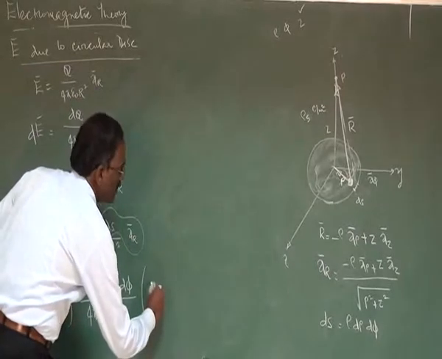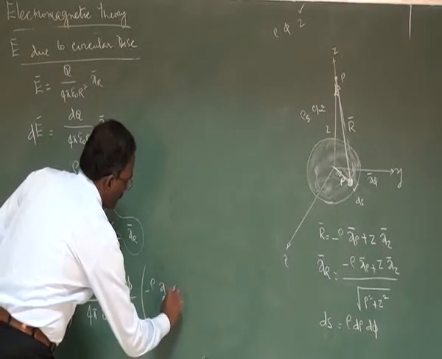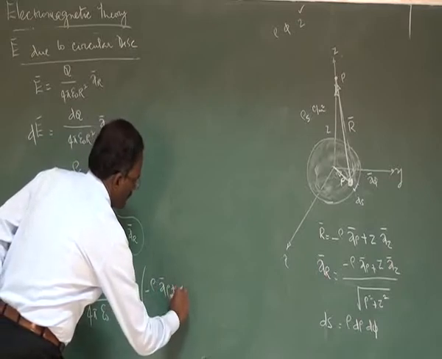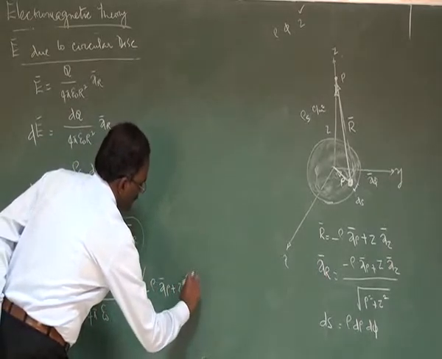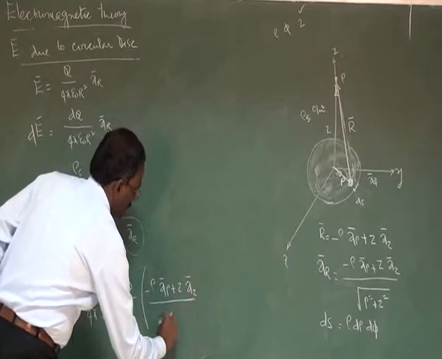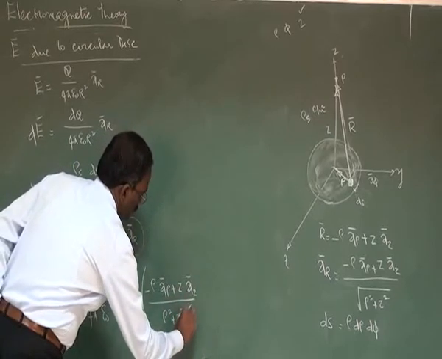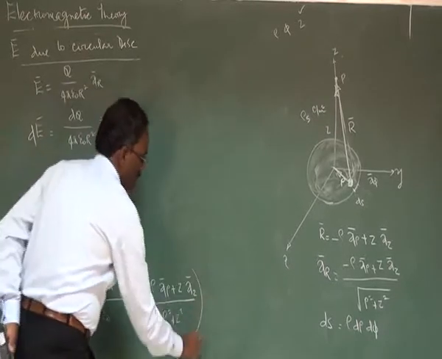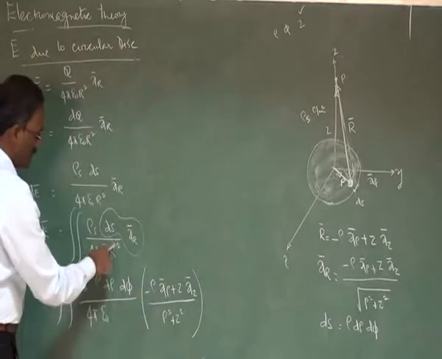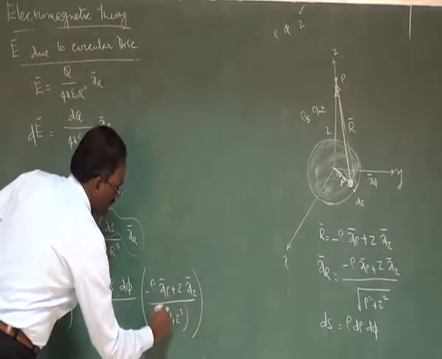Let me write what is a r bar: minus rho a rho bar plus z a z bar divided by rho square plus z square. Once again the power is square, so 3 by 2, straight away I can write 3 by 2.